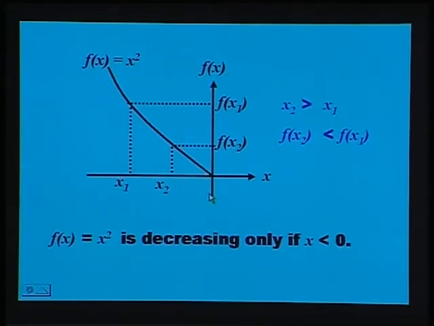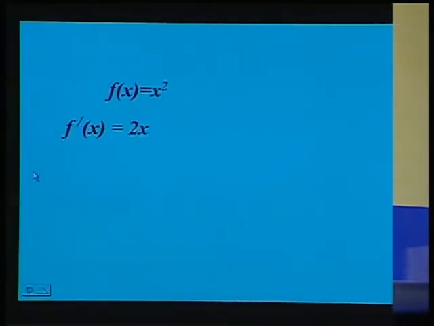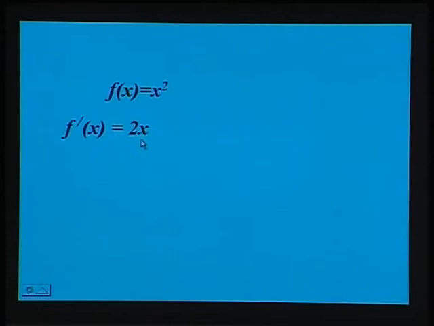We will now apply the derivative condition to f(x) equal to x squared to prove that f(x) equal to x squared is indeed decreasing only if we restrict the domain to negative values of x. So f(x) equal to x squared, if you differentiate, you will get 2x.